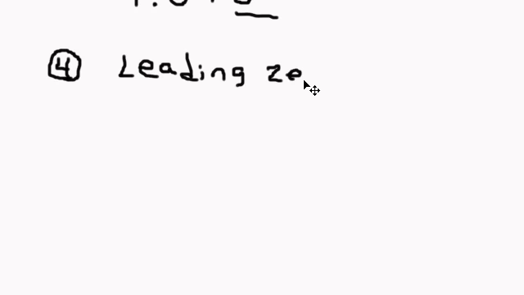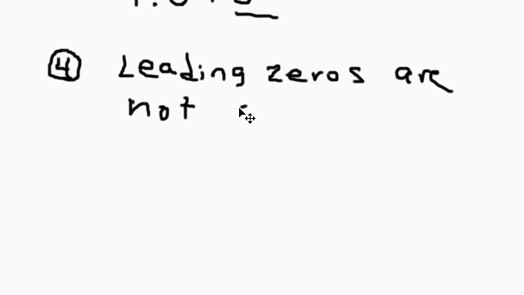Okay, so now let's go to the final rule. It says leading zeros are not significant. Leading zeros are not significant. So what are leading zeros?